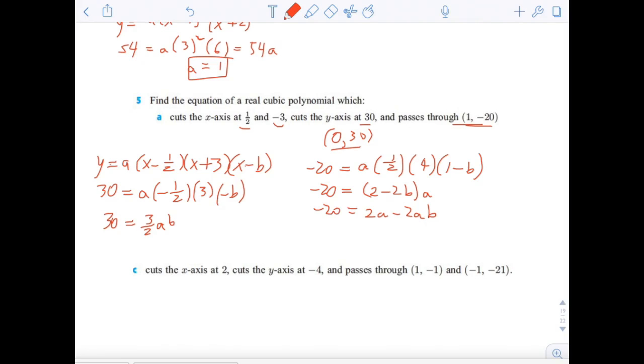And now let's try to, oh, there's an ab here and there's an ab here. That'll be useful. So ab is equal to 2/3 of 20, which is equal to 40 divided by 3.